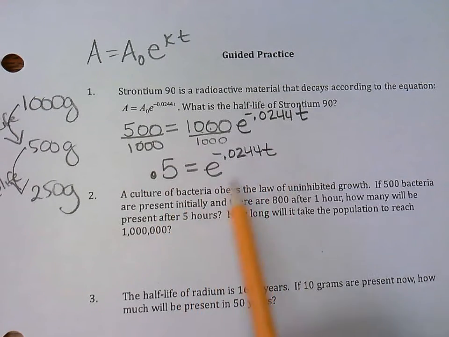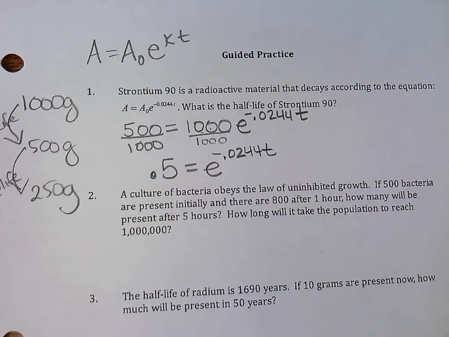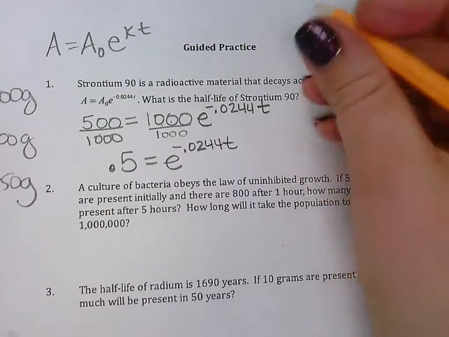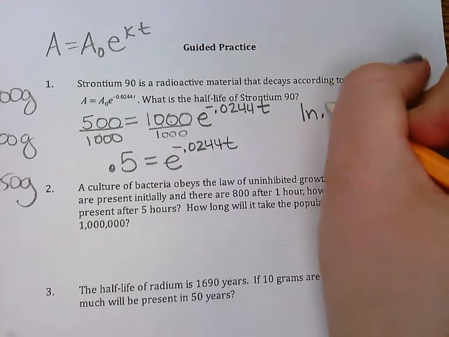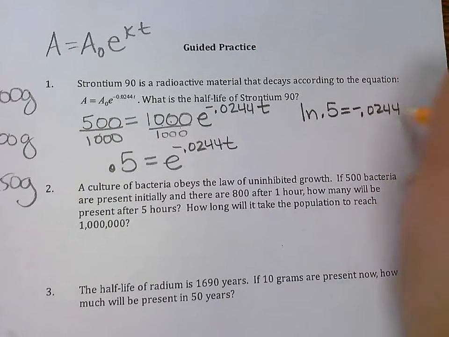What's my next step? This is an exponential equation. How do I solve for the exponent of t? Yep, so you can either, I don't know the method you've chosen, but you can change to log form, or you could take the natural log of both sides. It gets you to the same result. I'll show you both ways. If I take the natural log of a half, and then I would bring down the exponent in front.